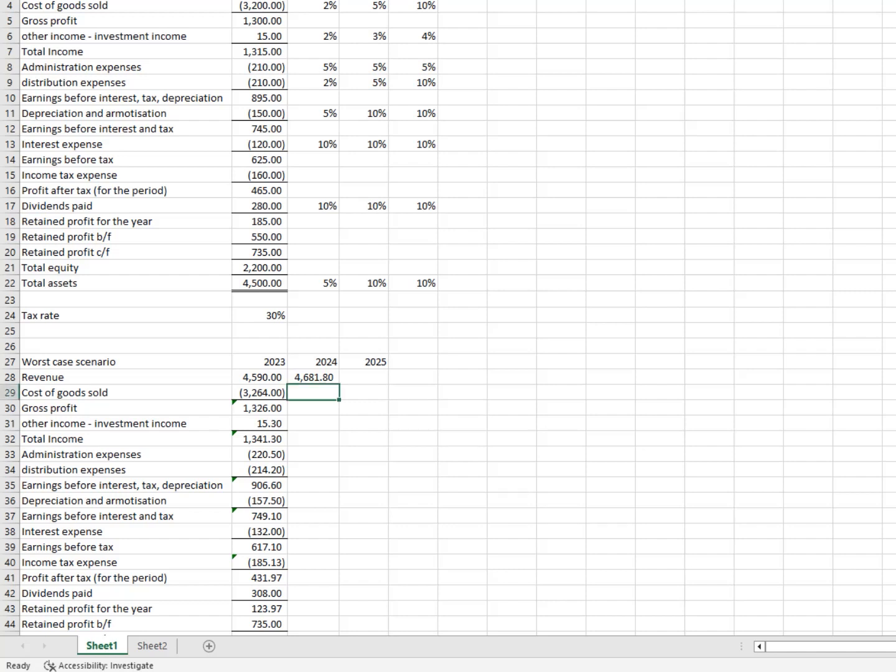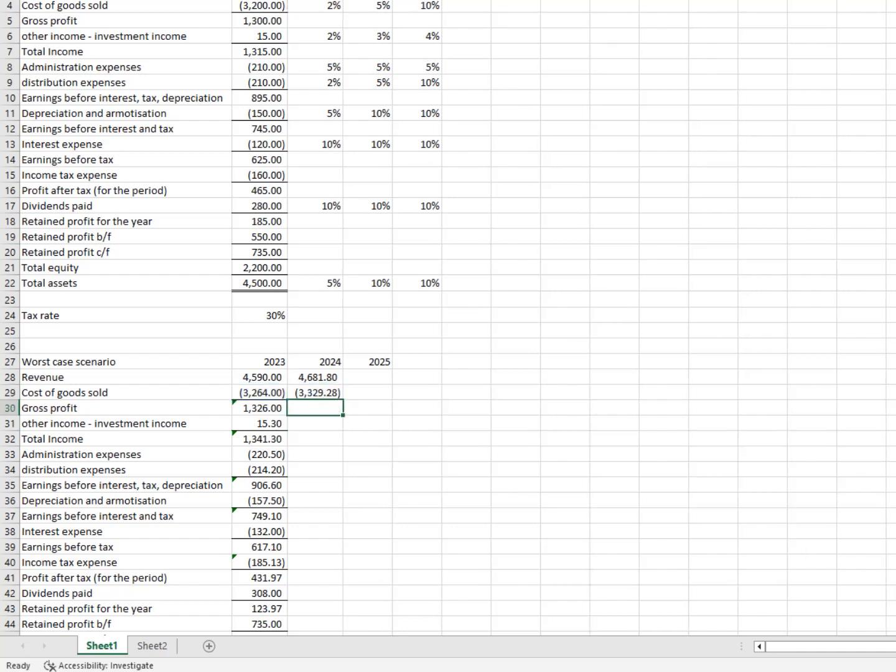Now, proceeding to 2024 cost of goods, we click once again. We write the equal sign, and then we click on the preceding cell multiplied by 1 plus the growth rate for cost of goods sold, and then we close the brackets and hit enter.